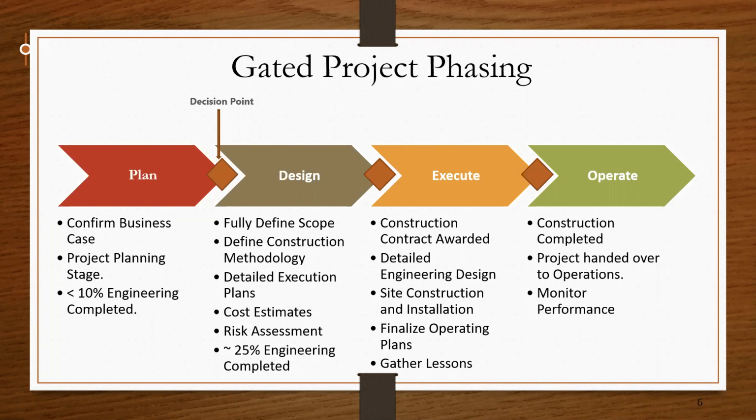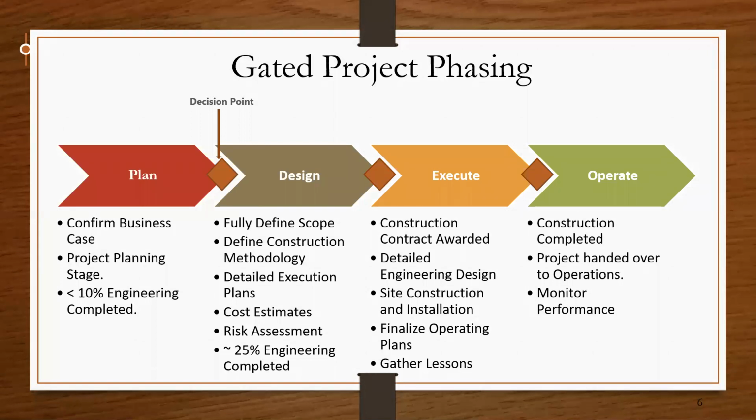The next stage on the project phasing process is the execute phase. This is the phase where the rubber meets the road, where you commit a lot of money, where you award your construction contracts, where you begin to complete your detailed engineering, you mobilize your contractor to site, start your installation process. At the same time, you are finalizing your operating plans.